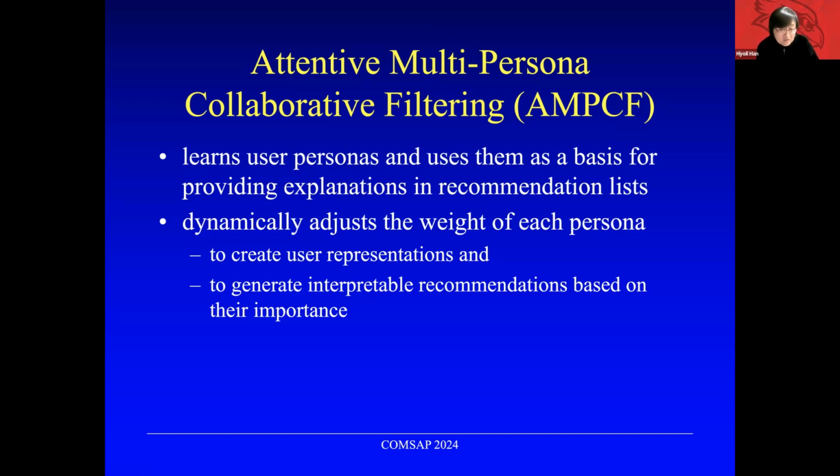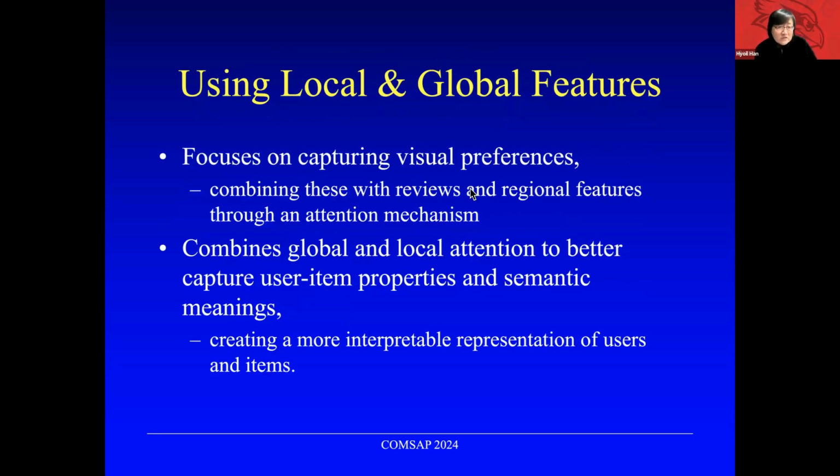It dynamically adjusted the weights of each persona so that it can create user representation and generate interpretable recommendations based on their importance. Also, using local and global features, the explanations are generated.